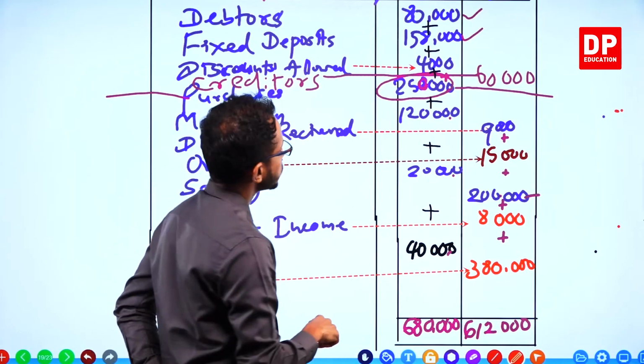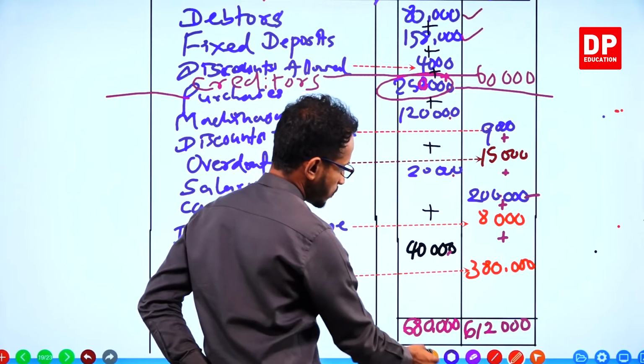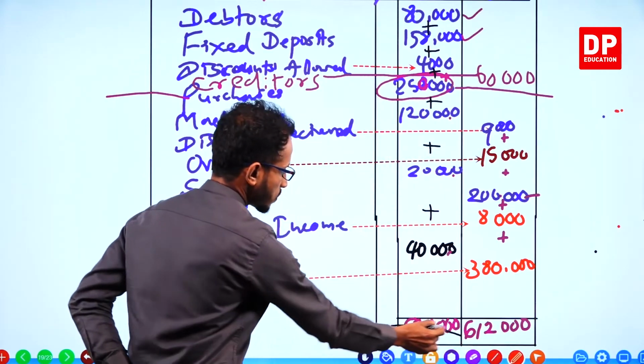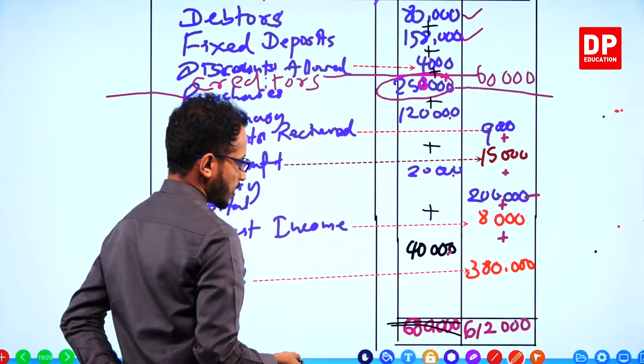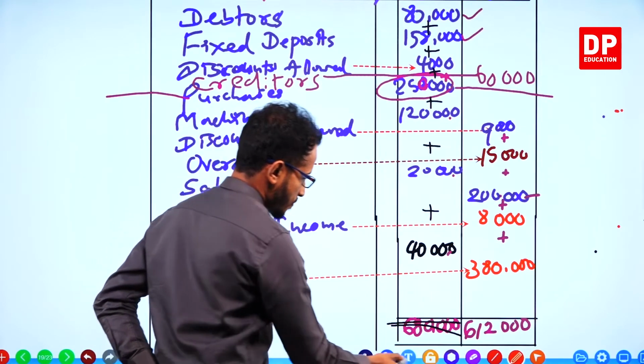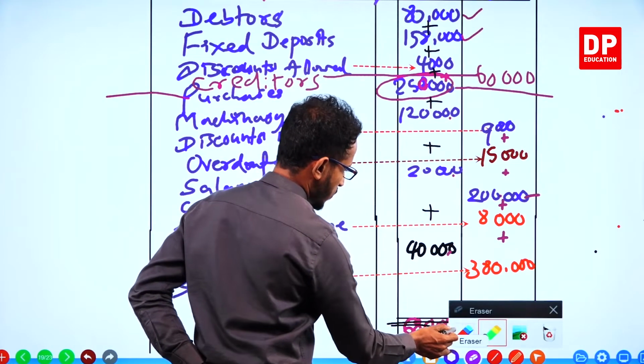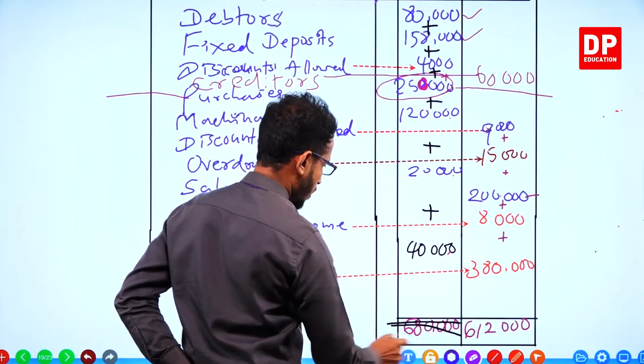It becomes 600 and, not 680, it becomes 672,000.